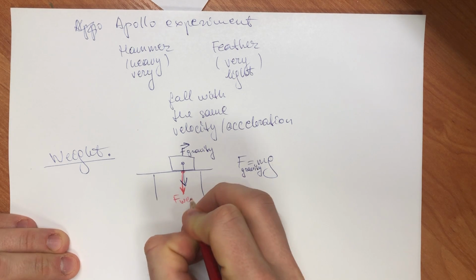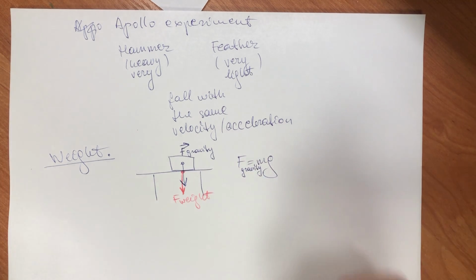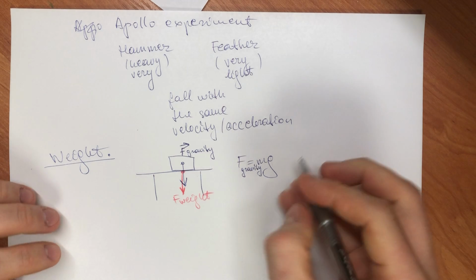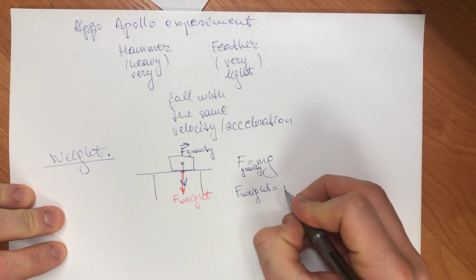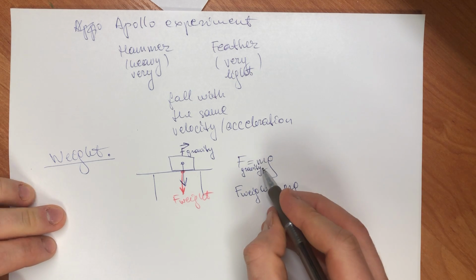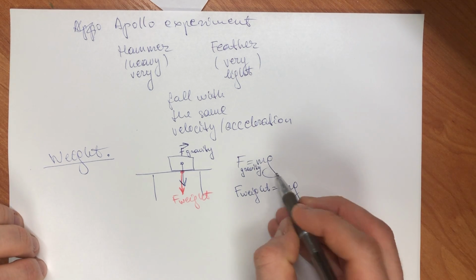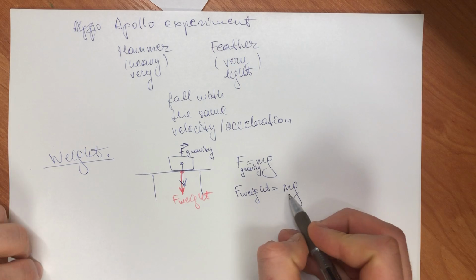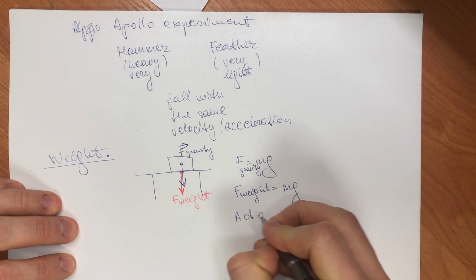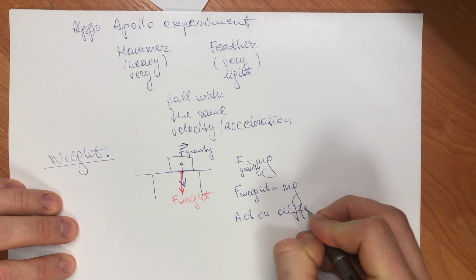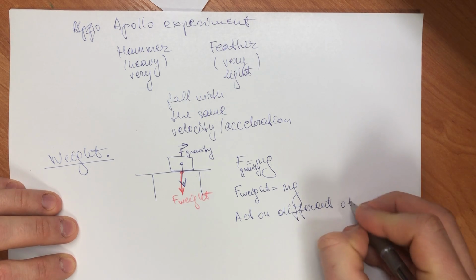So this is F weight. F gravity and F weight are the same in magnitude and direction, but they act on different objects.